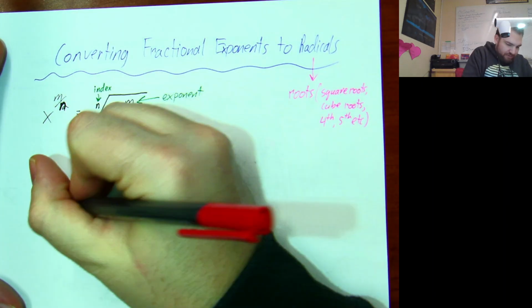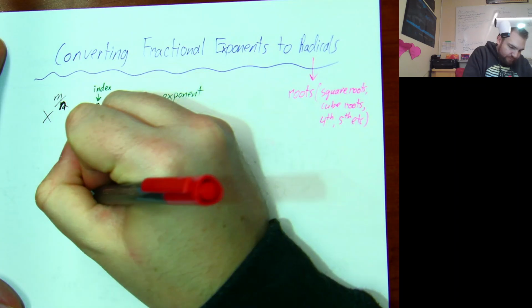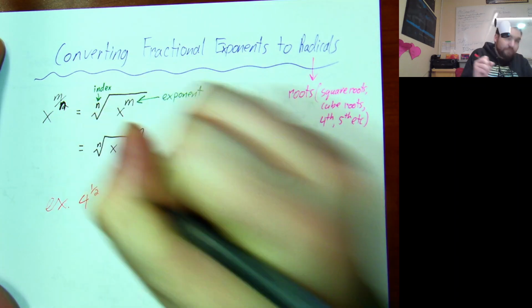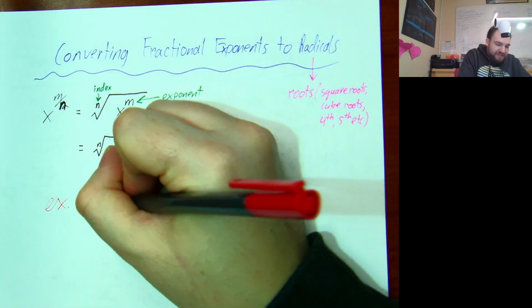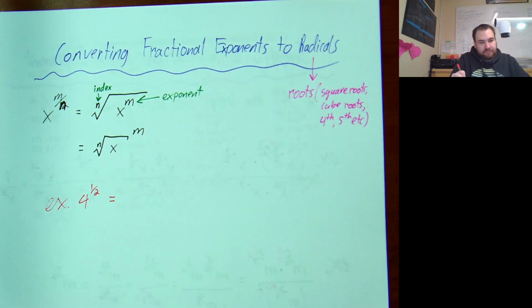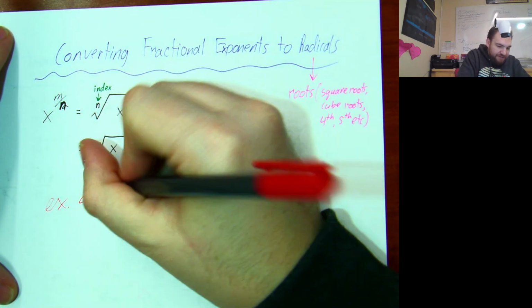Example. What if I have this? I have 4 to the 1 over 2. What does that mean? 4 to the power of 1/2. So what we're going to do is convert that thing to a radical. Harwin, you want to do it? Sure. Radical sign now.